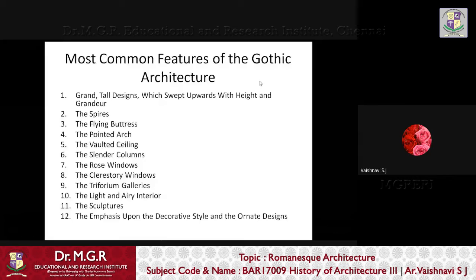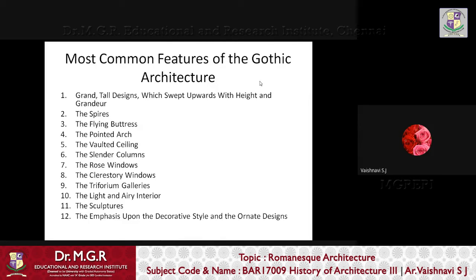If you see the Romanesque style, the columns were like two or three walls built together. All the columns were so much thicker. It had a great built structure with the columns, and here they used slender columns which were supported by the walls. That's what we saw in the YouTube video.